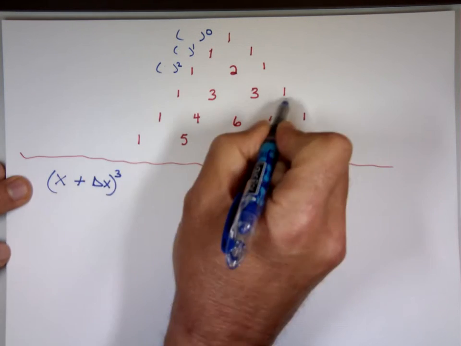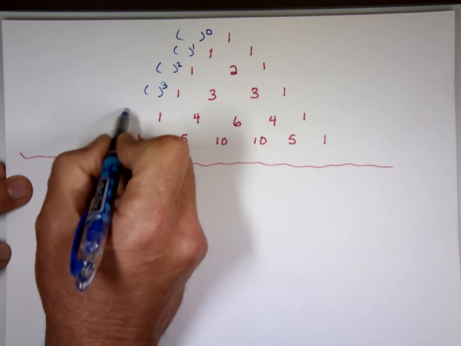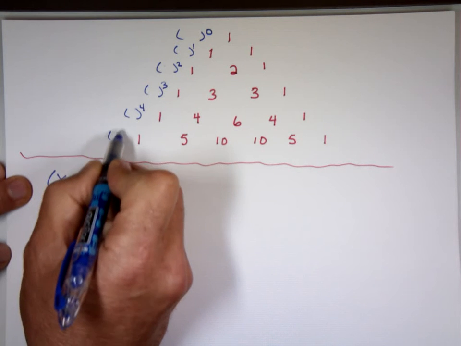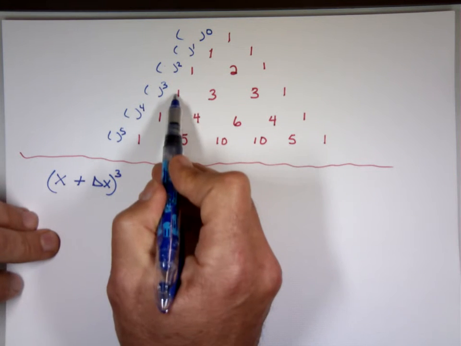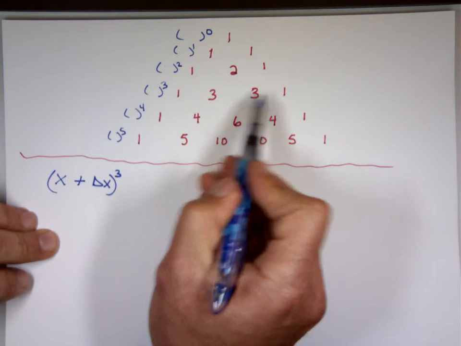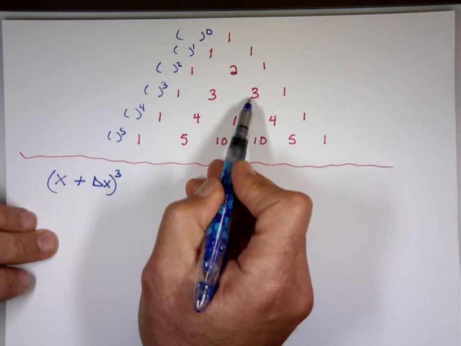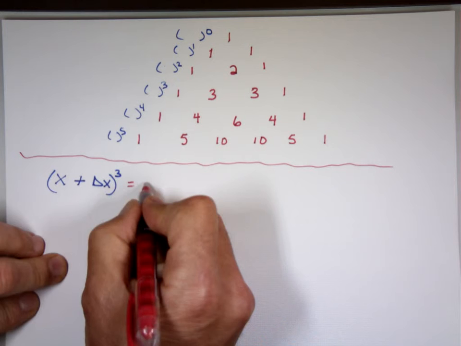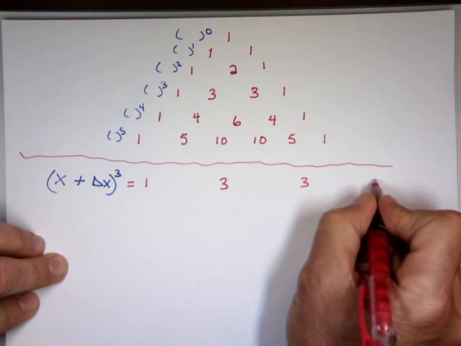We're going to use these numbers when the power is 3, these when the power is 4, and these when the power is 5. Our power was what? 3? So what are my numbers? 1, 3, 3, and 1. See them? Watch how quick they answer. 1, 3, 3, 1. There's a plus sign between them.